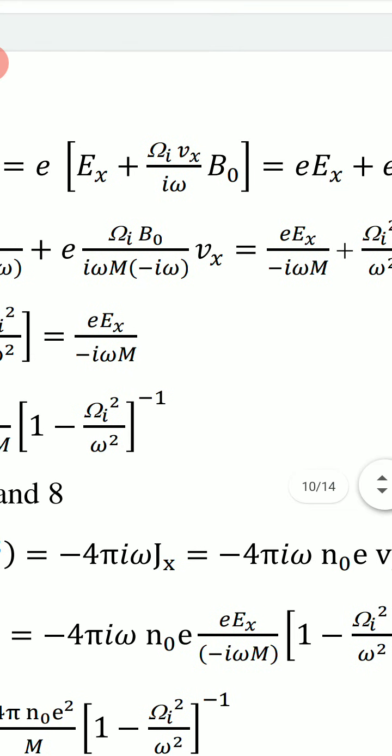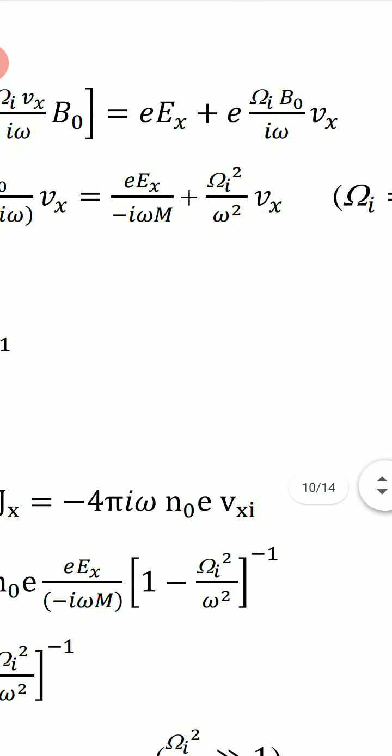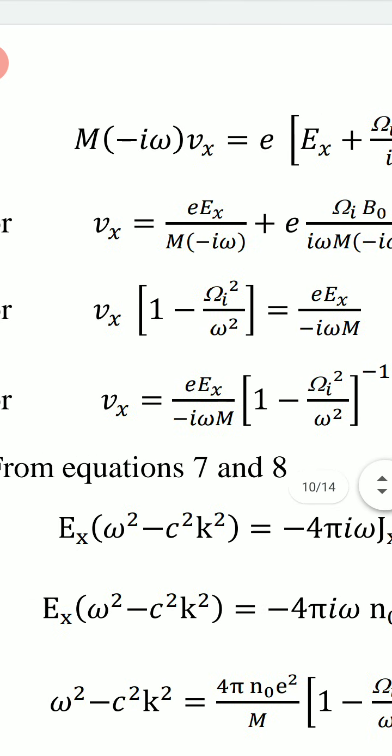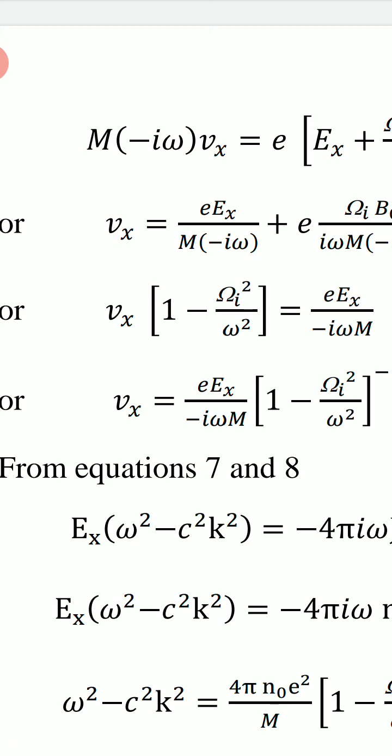So in the right hand side now we have two terms. First is e Ex and second is e omega i B0 upon i omega Vx. In the left hand side we have m into minus i omega Vx. So Vx can be determined.